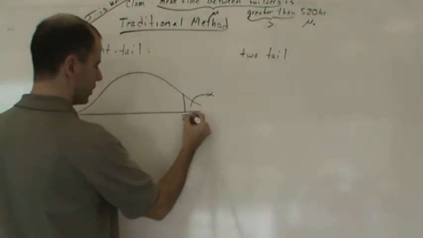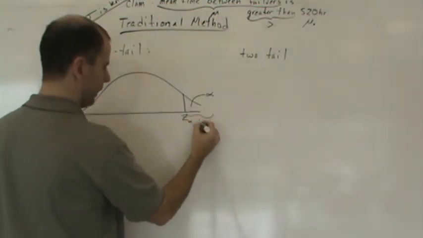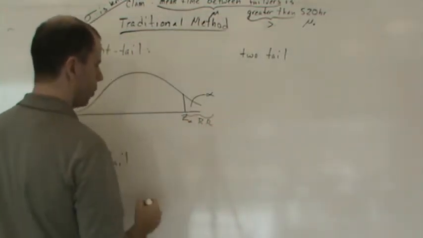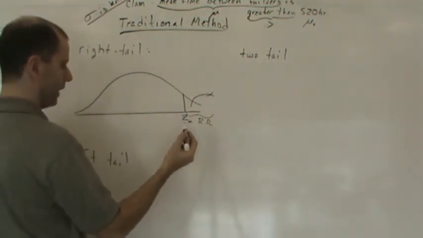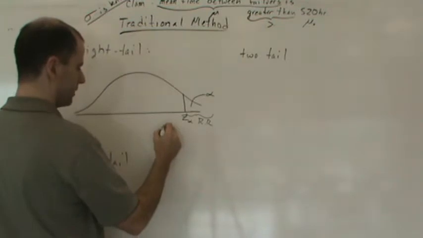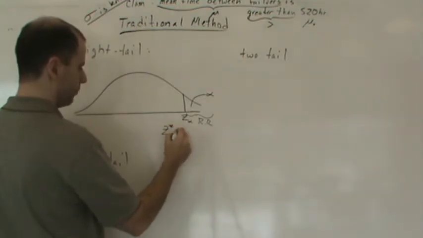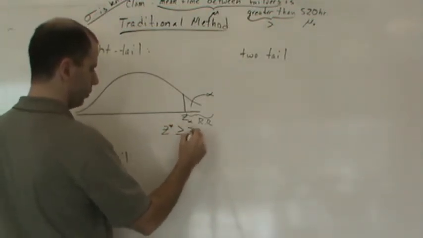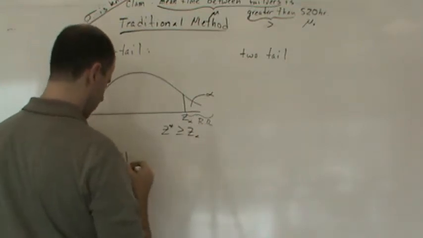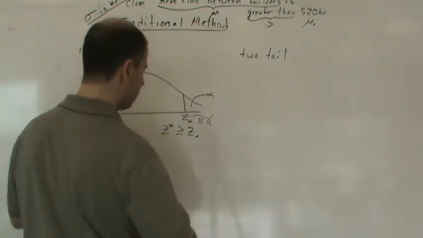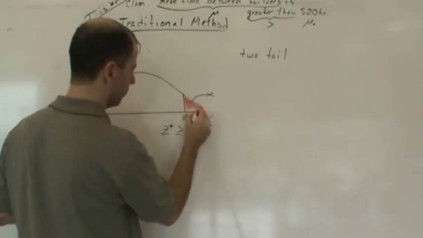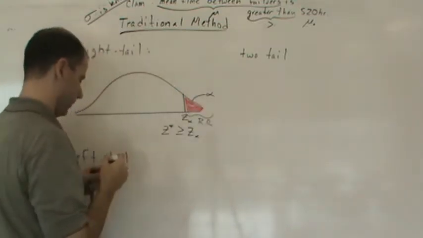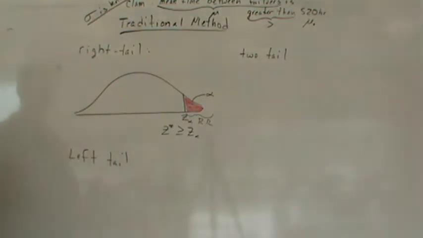And so the rejection region is this region right here. And so we will reject if our test statistic falls within the rejection region. And in this case, it's going to be if Z star is greater than or equal to Z alpha. Okay? And again, this is the rejection region. Okay. That's the right tail test.